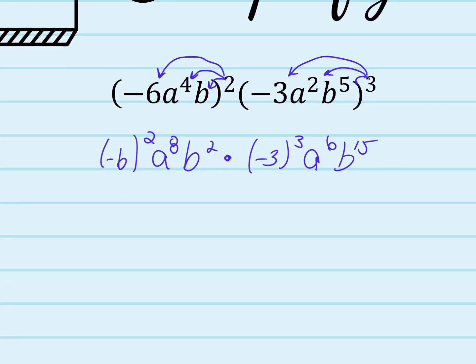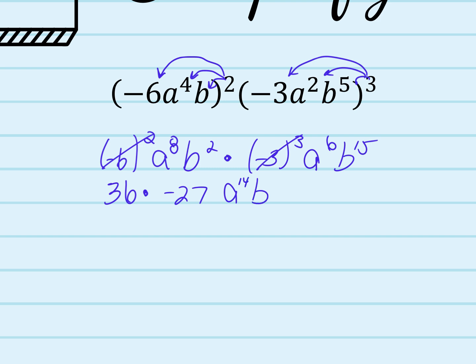And now we simplify. Negative 6 squared is 36. Negative 3 cubed is times negative 27. Then I have A. I'm multiplying the same bases, so I'm going to add exponents. 8 plus 6 is 14.